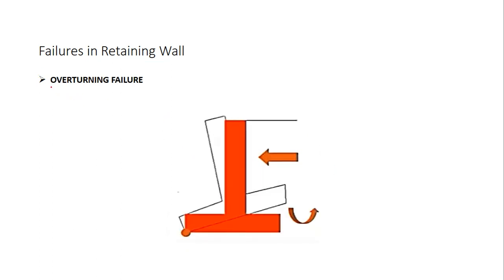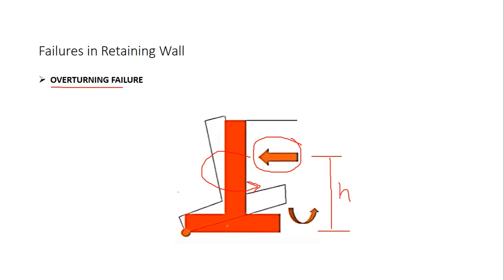Next is overturning failure. The force due to active earth pressure will be exerting a moment in the anti-clockwise direction. If this is the force, it is at a height of say h from the bottom. Because of this height and this force, a moment will be generated somewhere over here. This is acting in the counterclockwise direction, because of which the retaining wall will be overturned.